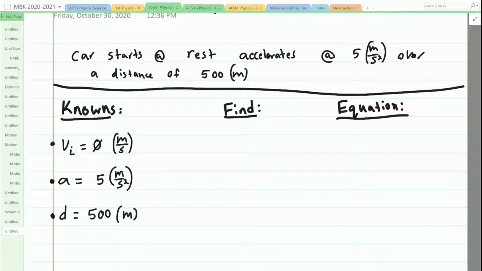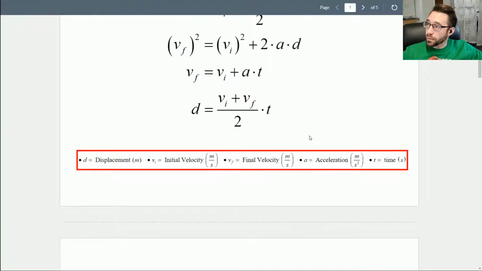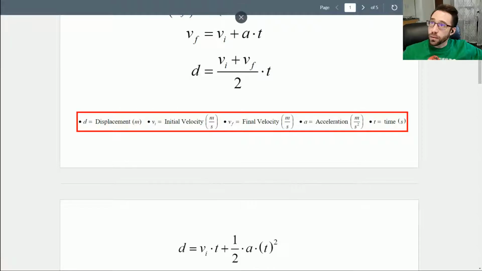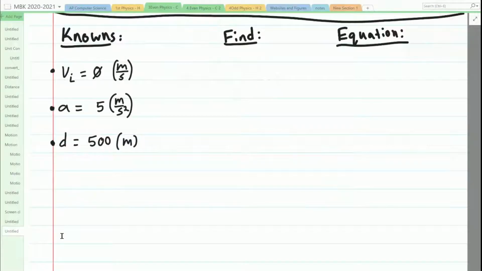Okay, so just as a reminder, if I switch back over here and I scroll up to here, let me zoom in just a little bit. So displacement is in meters, which I've got here.